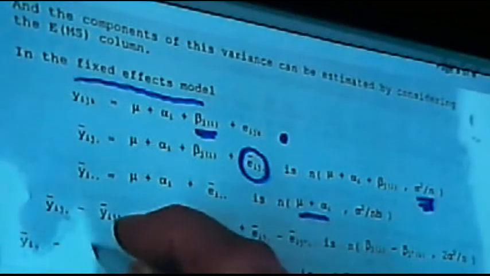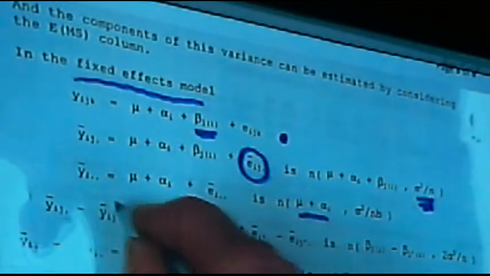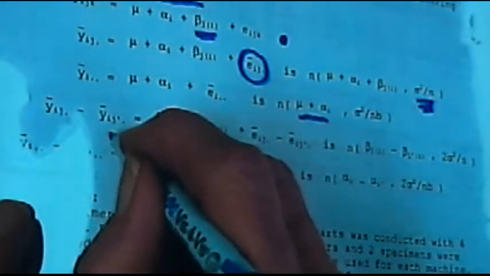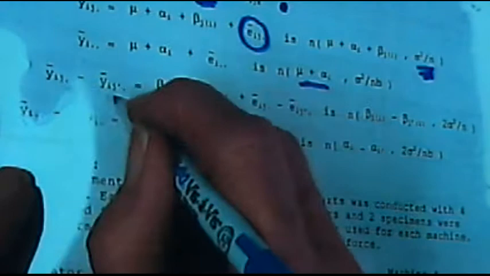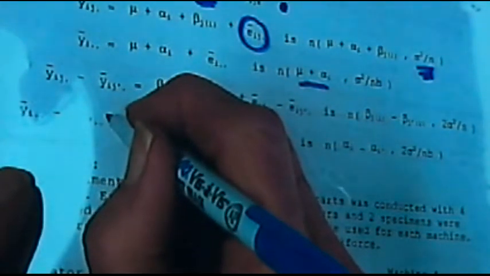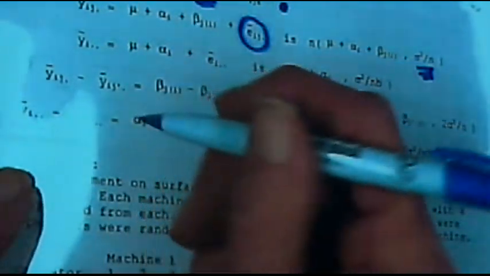So then we go on and say, well, sometimes we want to look at this difference, y bar ij dot minus y bar ij prime dot. So this is saying take two means that are on the same row, but different columns.